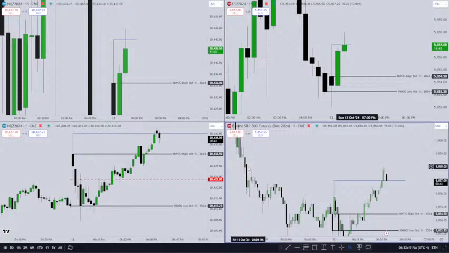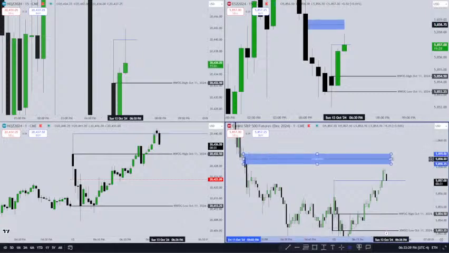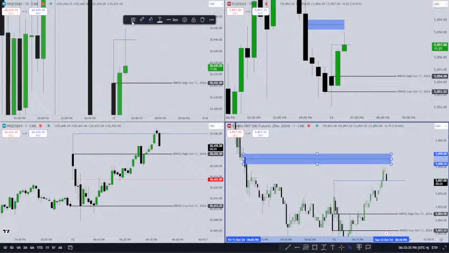So the most apparent imbalance to the left is this on a 1 minute chart. That's the combination of a volume imbalance and a SIBI.